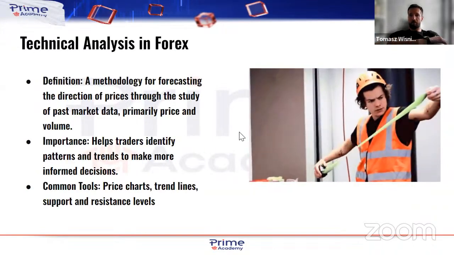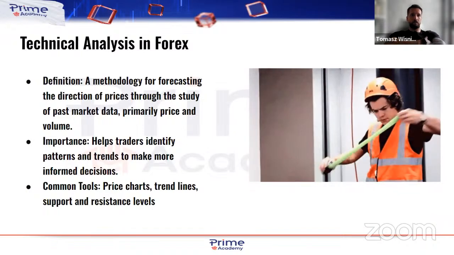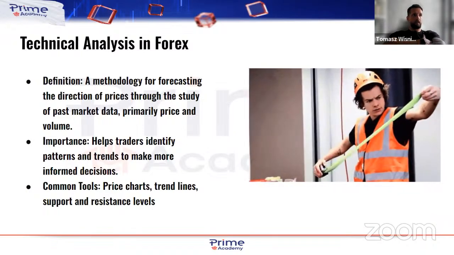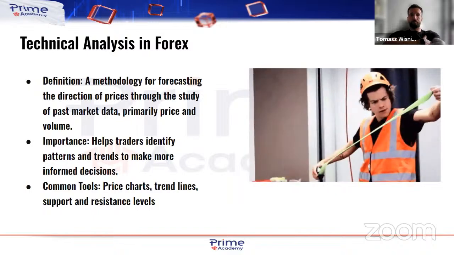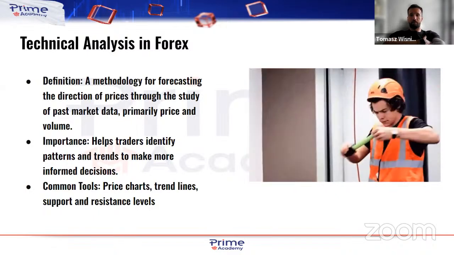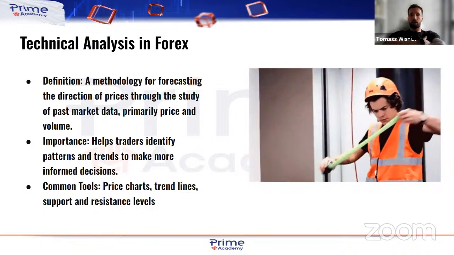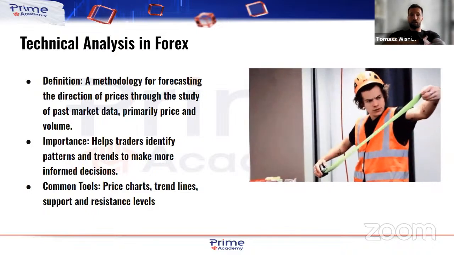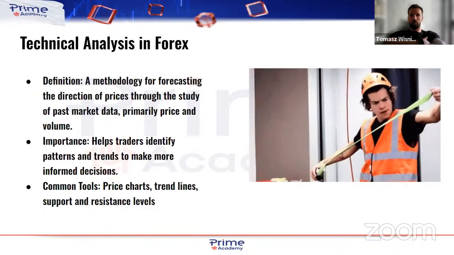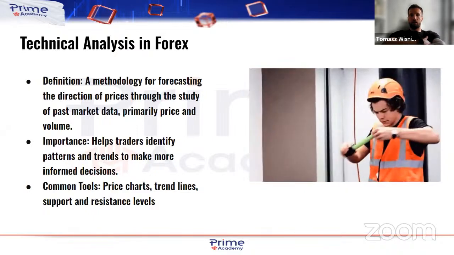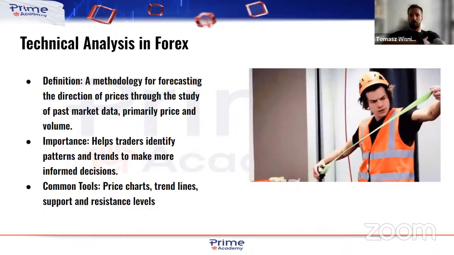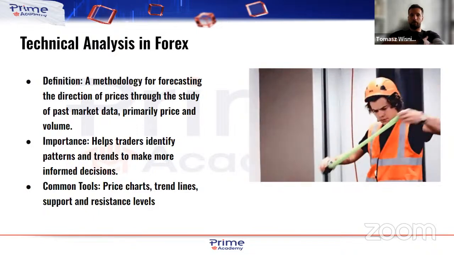Let's expand on the technical analysis that we mentioned on Tuesday. In general, technical analysis focuses on a trader looking at the chart, or a plain chart, so price movements over time, or together with some indicators and oscillators.